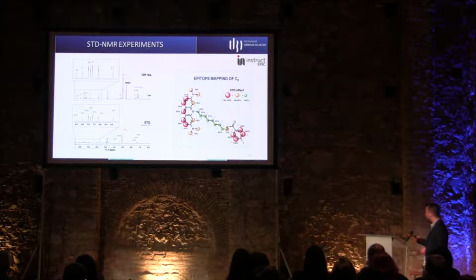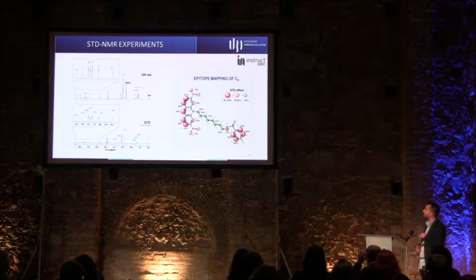As we can see in the slide, the aromatic core of C8 and the iodine ring are the parts of the ligand that are in close contact with our G-plex, which is expected since the ligand seems to stack over the G-plex.